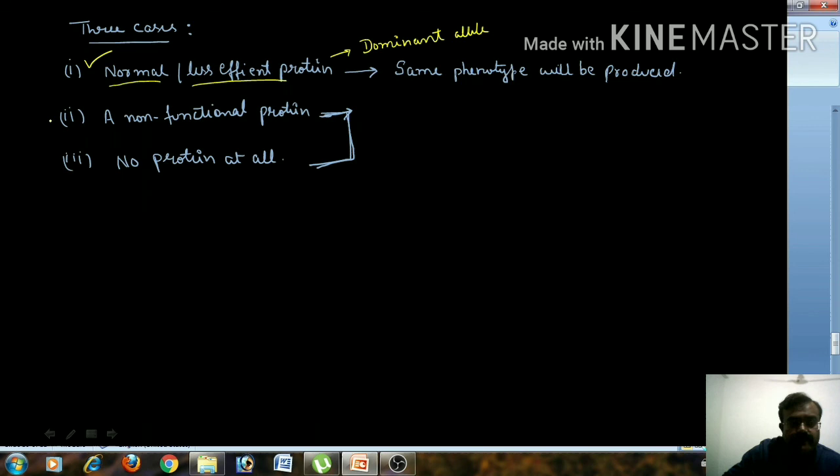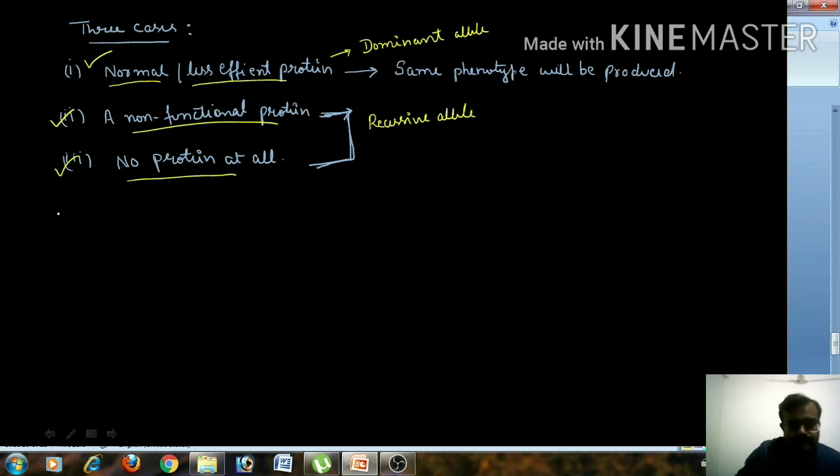But if the modified allele produces either a non-functional protein or no protein at all, then these both cases are as good as recessive allele.